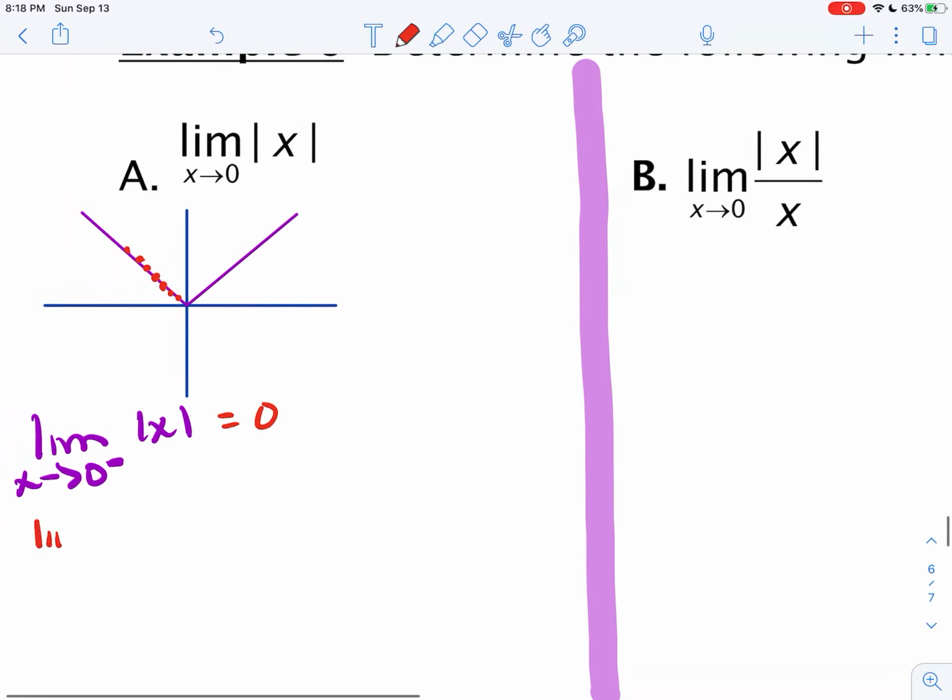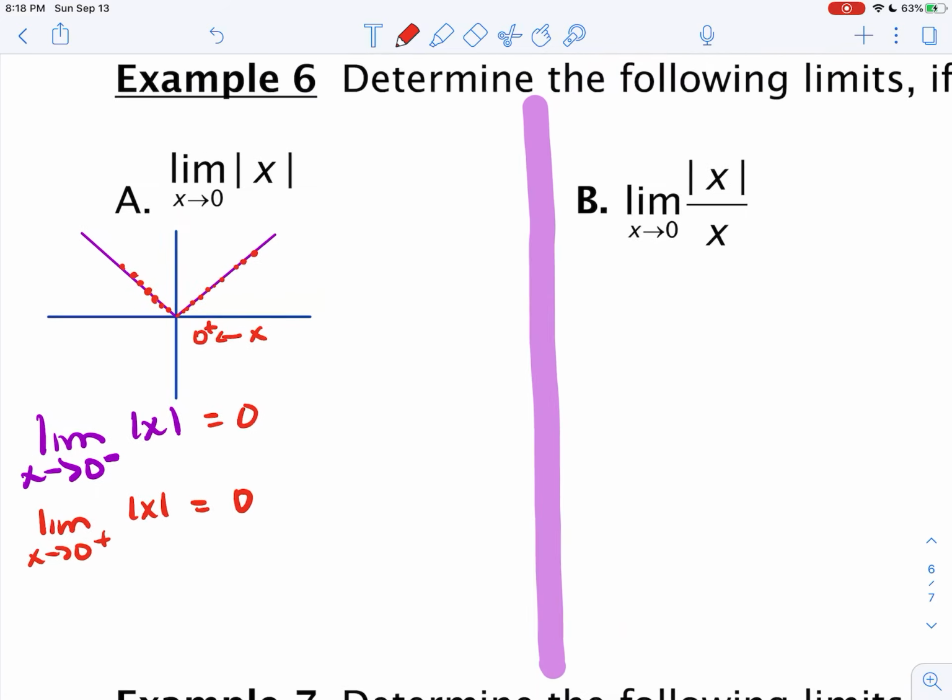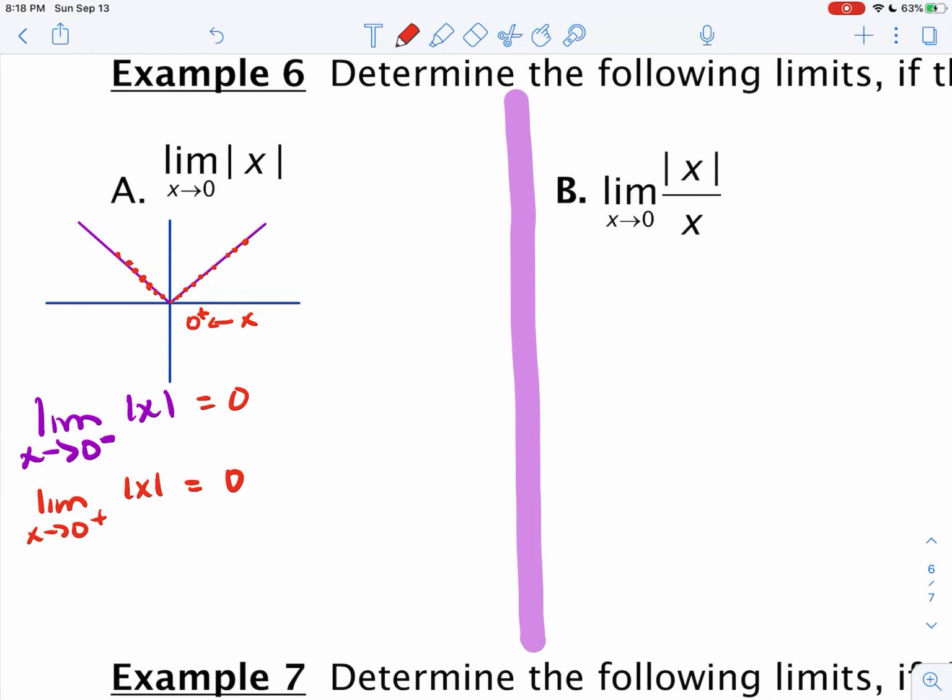And the limit as x approaches 0 from the right of absolute value of x, looking at the outputs, with x approaching 0 from the right, our function outputs are approaching 0 as well. And so because the limit from the left equals the limit from the right, this implies that the limit as x approaches 0 of absolute value of x is also equal to 0.